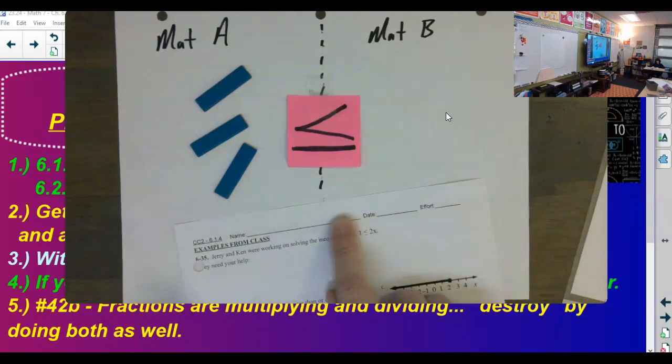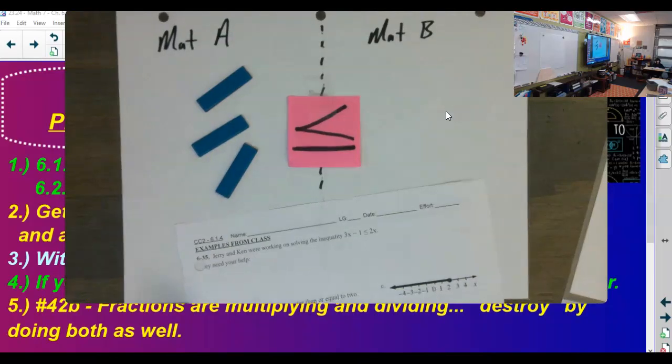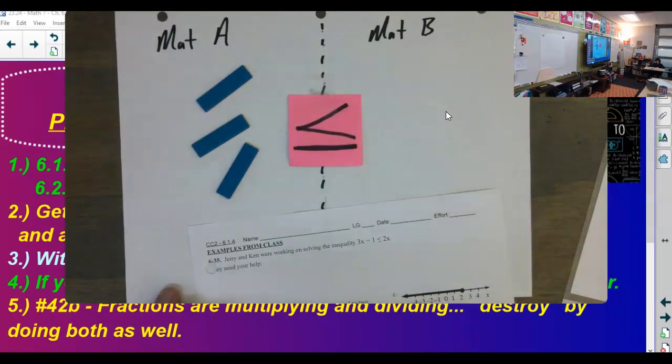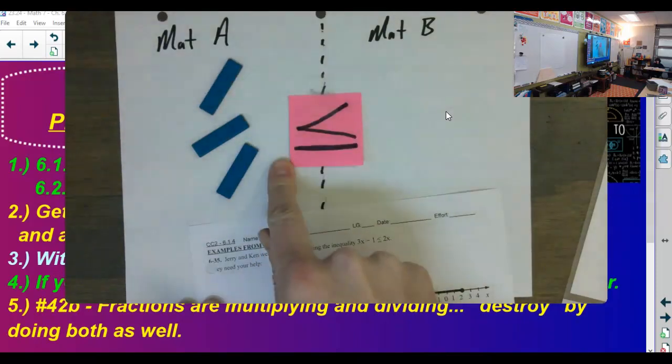Turn to your neighbor and discuss, if we're doing this problem, your left-hand side, we already have 3x. There's something else over there. Carolina, what else is on the left-hand side?